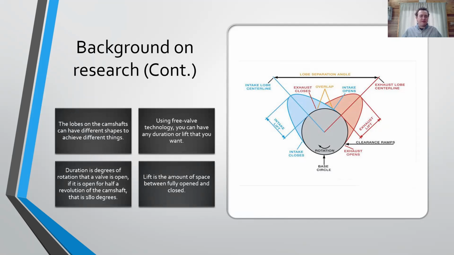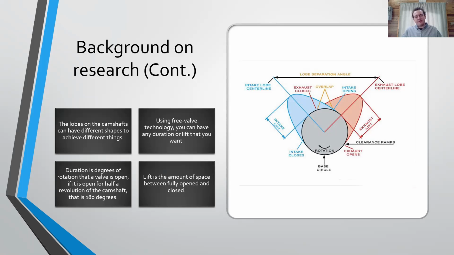And with free valve technology, you can have any sort of duration or any sort of lift that you want. You just have to change your software and program it differently so that the solenoids open and close at the right times so that you have whatever duration and whatever lift that you want.